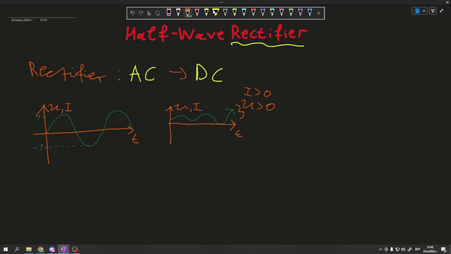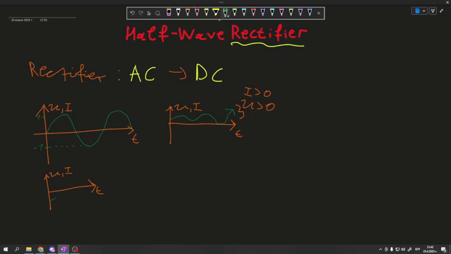Let's make another DC, for example, another graph. And let's make it start from negative, because there is such a thing as negative DC.